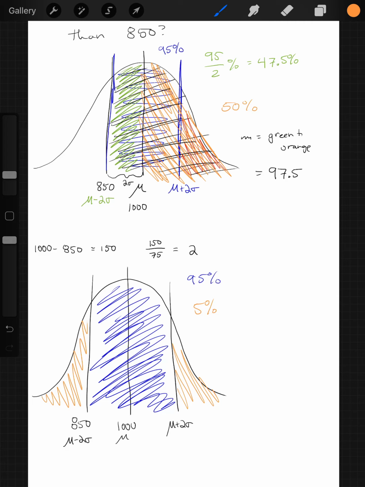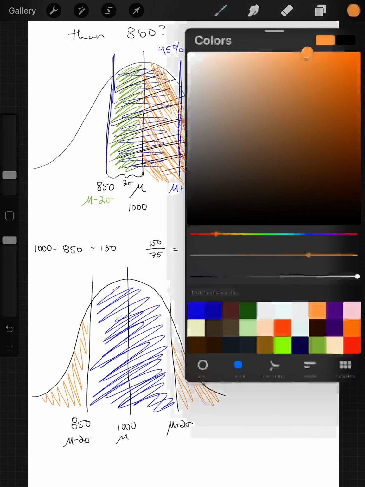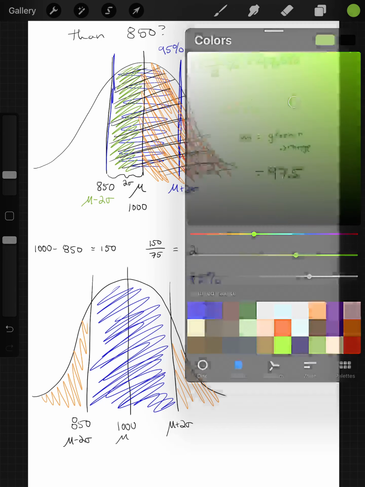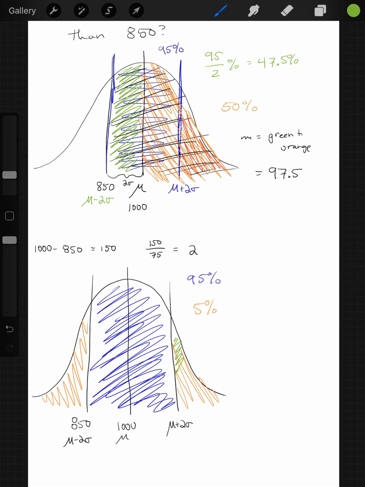And again, because mu is dividing this exactly in half, one of these is going to be that 5% divided by half, right? Only because mu is exactly halfway between them, right?